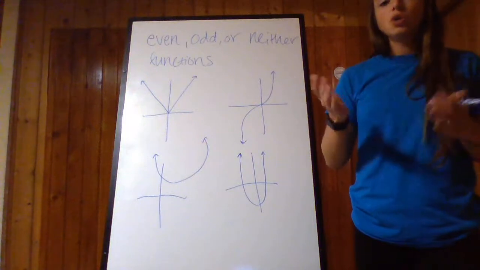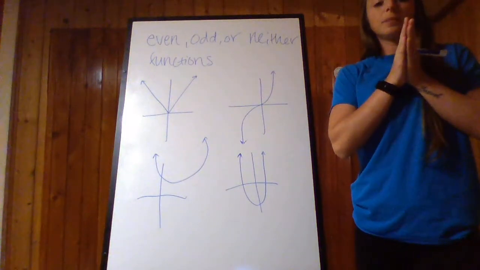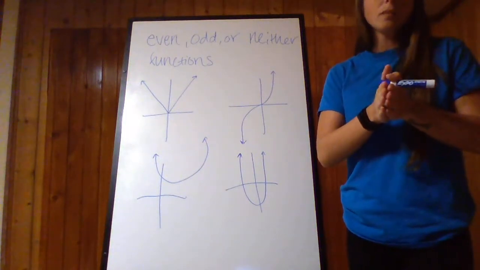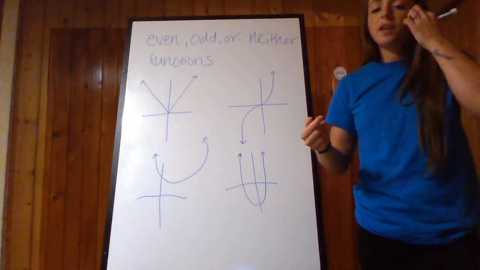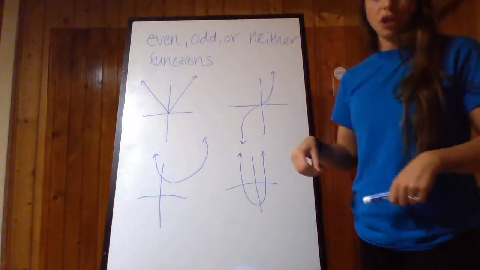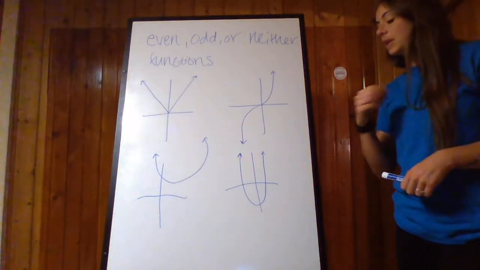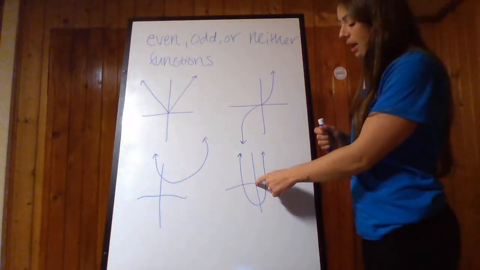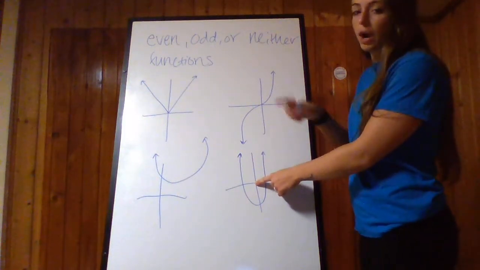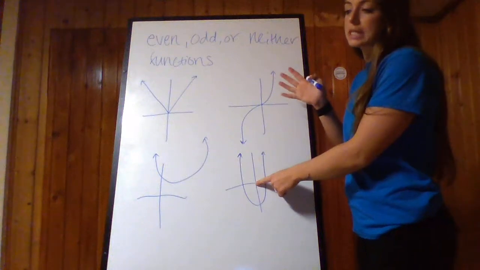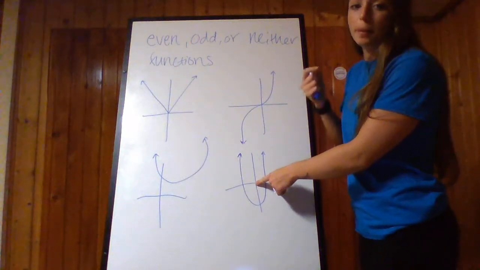Odd functions are symmetrical about the origin. I like to say I could put a pin on the origin and flip this function around, 180, 360, anything, and it's going to match up.